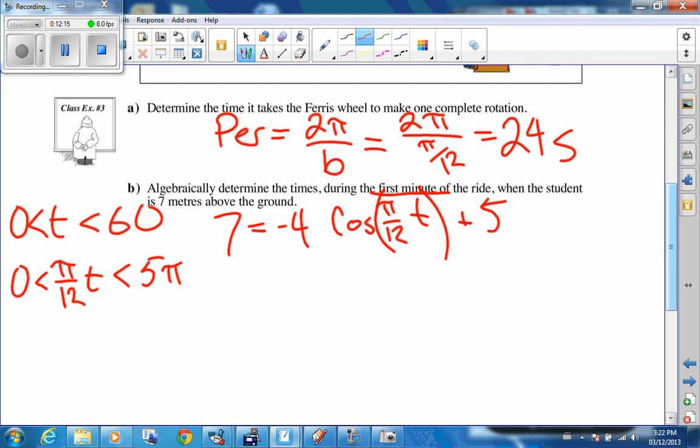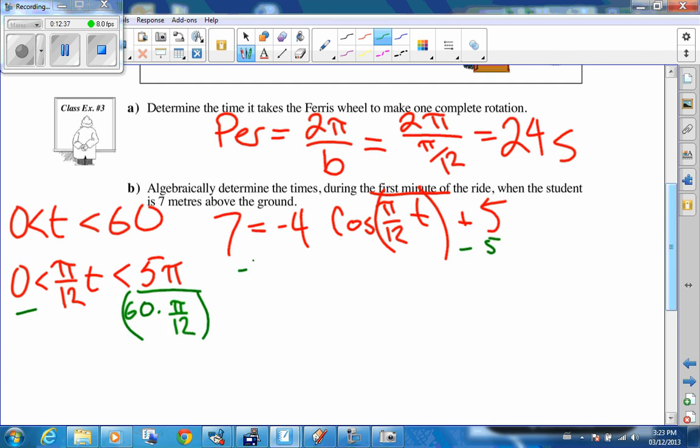How do I get that 5 pi? By going 60 times pi over 12. 60 divided by 12 is 5, so 5 pi. So that's the domain that I need to look for, from 0 to 5 pi. Back to my equation.